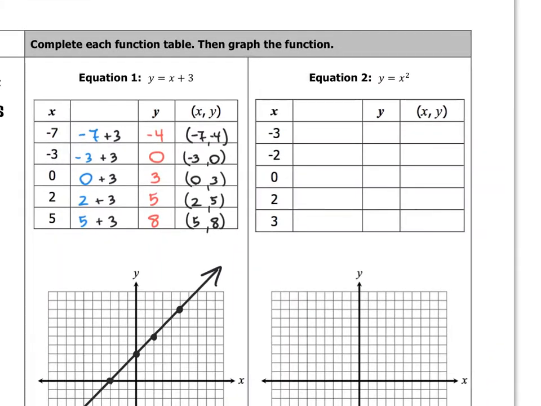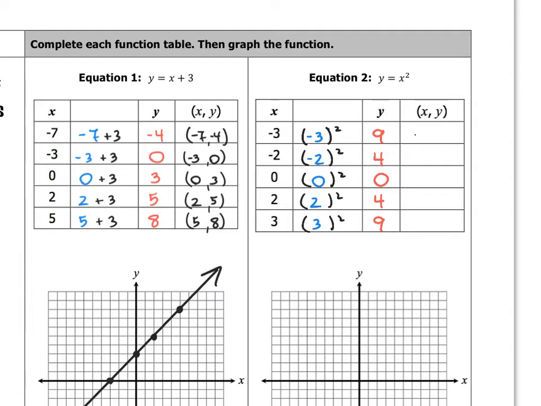This time it's y equals x squared. Remember, when you square something, you take it times itself. So here, this is going to be -3 squared. Here, this is -2 squared. Then we'll have 0 squared, +2 squared, and +3 squared. -3 squared is +9, -2 squared is +4, 0 squared is 0, and then 2 squared is also 4, 3 squared is also 9.